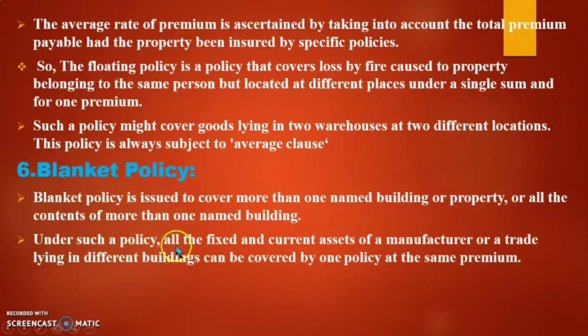Under such a policy, all the fixed and current assets of a manufacturer or a trader lying in different buildings can be covered by one policy at the same premium.